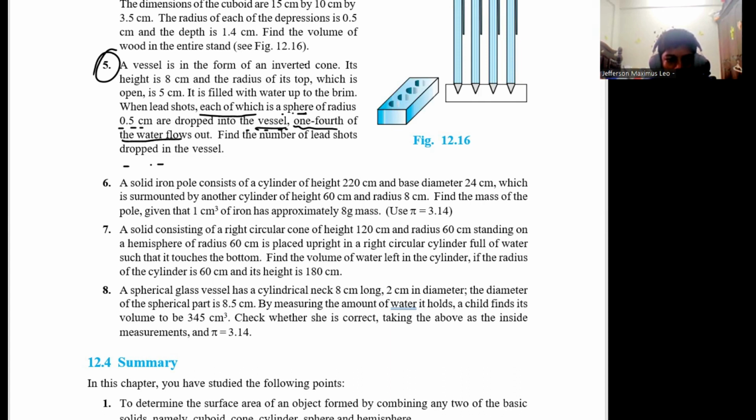The shape is a cone, with water up to the brim. When I put the lead shots inside, some water is replaced by it. Correct? Yes, ma'am. So it is 1/4 of the volume of a cone. The shape here is a cone, the same as a cylinder. So by equating them we can find n.